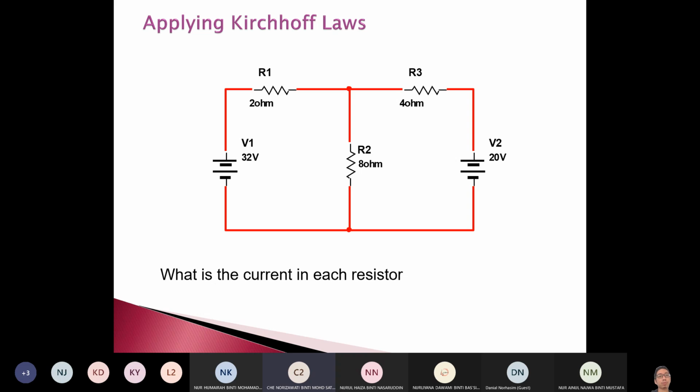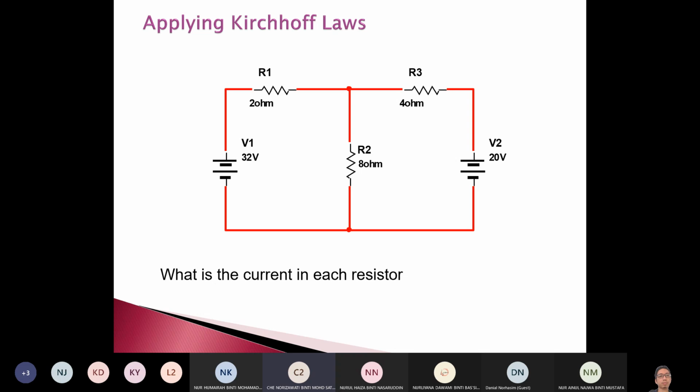First of all, you see the voltage in which direction? Here is negative, here is positive. So it is positive, it is negative.